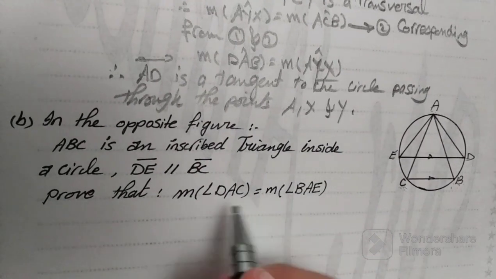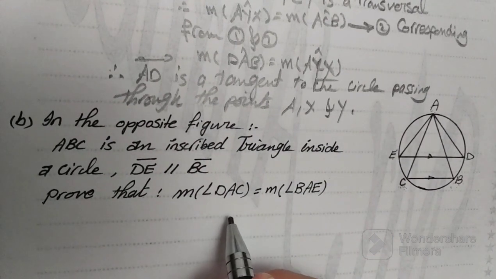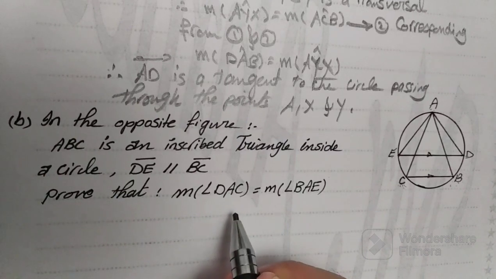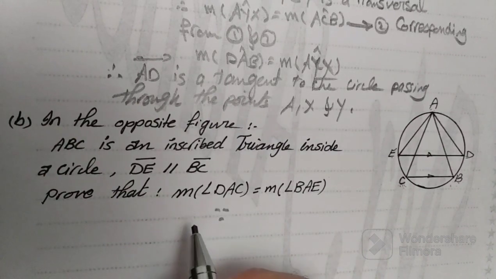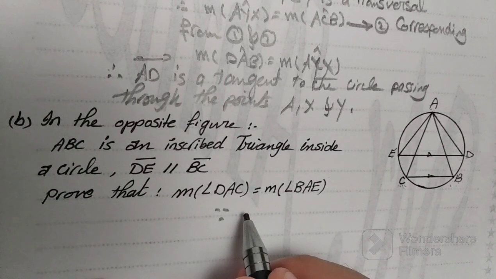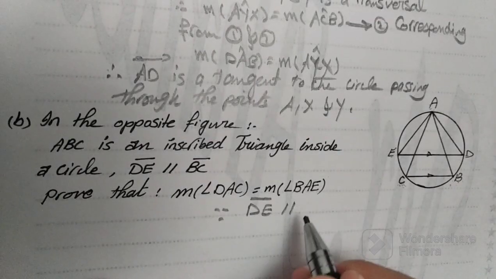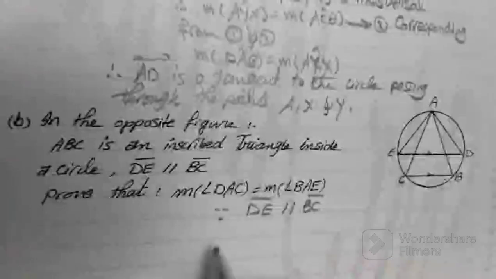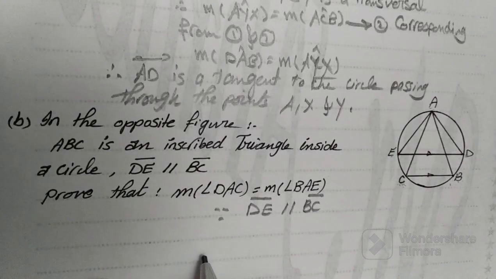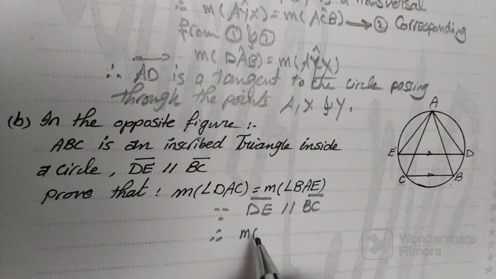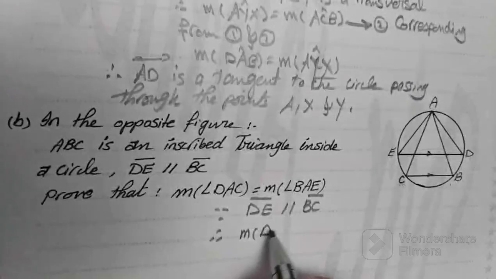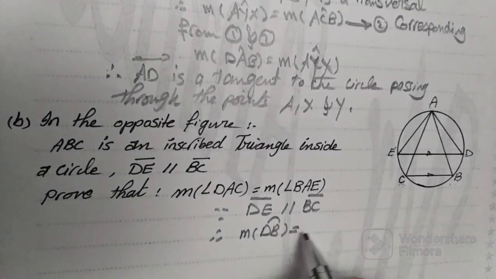We will write: since DE is parallel to BC, therefore the measure of arc DB equals the measure of arc CE.